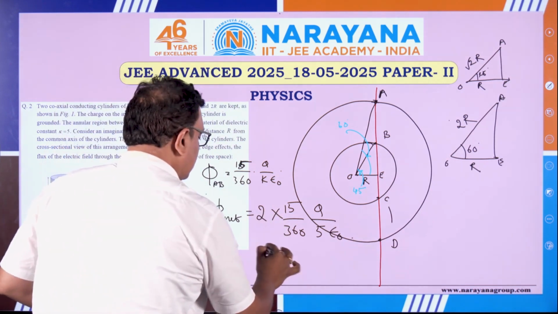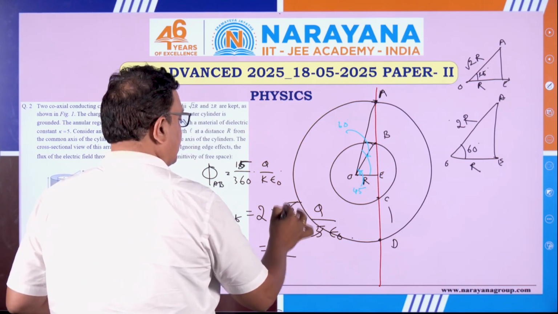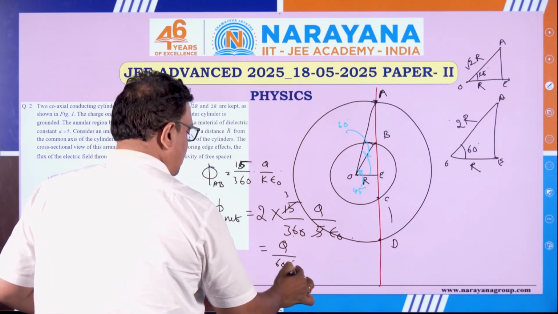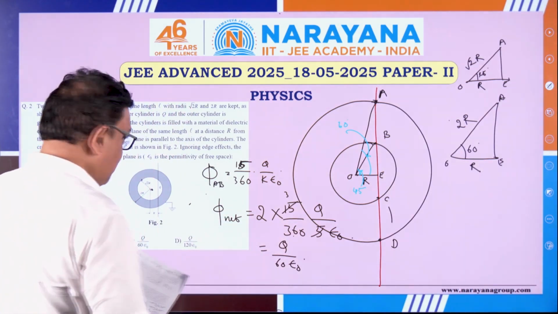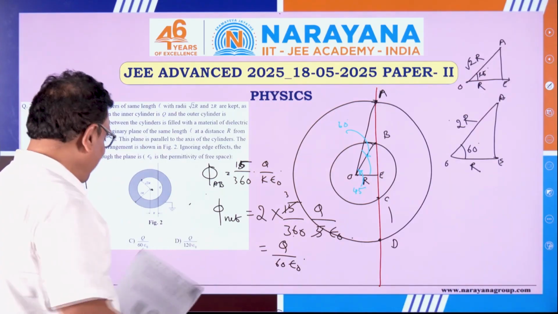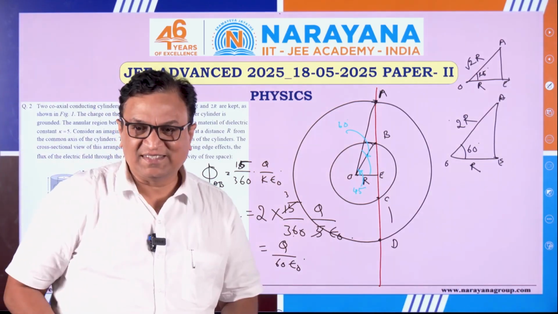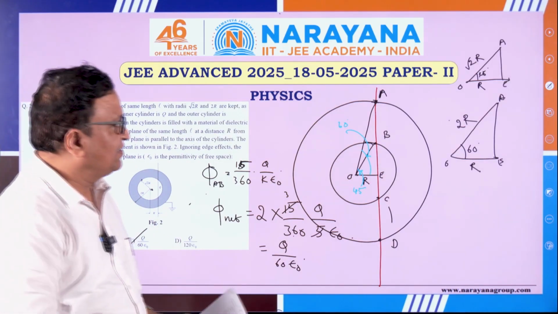Boys, this will lead you to Q by 3 times 6 by 36, so 60 epsilon naught. I've done this. Easy question basically. C is the correct answer for this. If you are not good at geometry, you may miss.